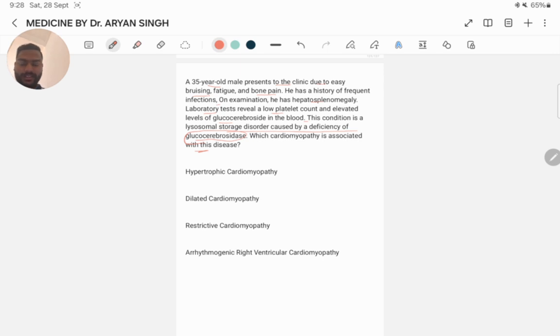Here the question asks about the lysosomal storage disorder with glucocerebrosidase deficiency. The glucocerebrosidase deficiency is in Gaucher disease.